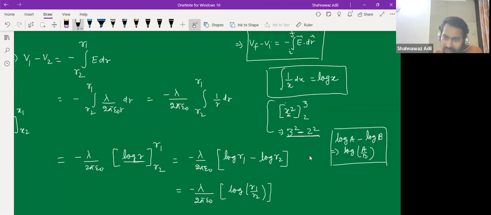Now let me remind you of another property of log. Let's say you have log of x to the power 3. How do you solve this power? Where does this power go?